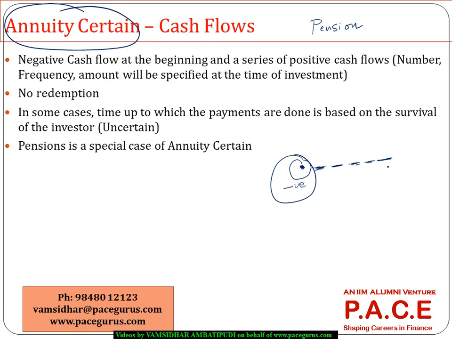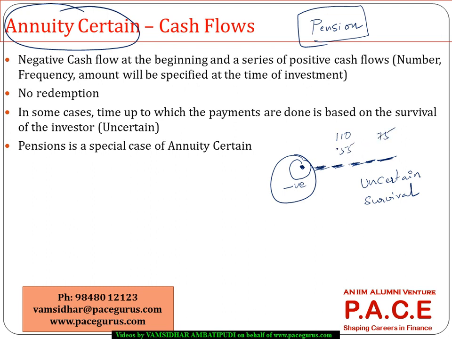But in some cases, this number of years over which this payment is done is uncertain, because there might be a linkage with the survival of the person. As long as the person is alive, these payments will be received. That is a typical concept of the pension also. As long as the person is alive, he will be receiving these fixed payments, and it may be up to 110 years, or it may be up to 55 years, or it may be up to 75 years, whatever it is.